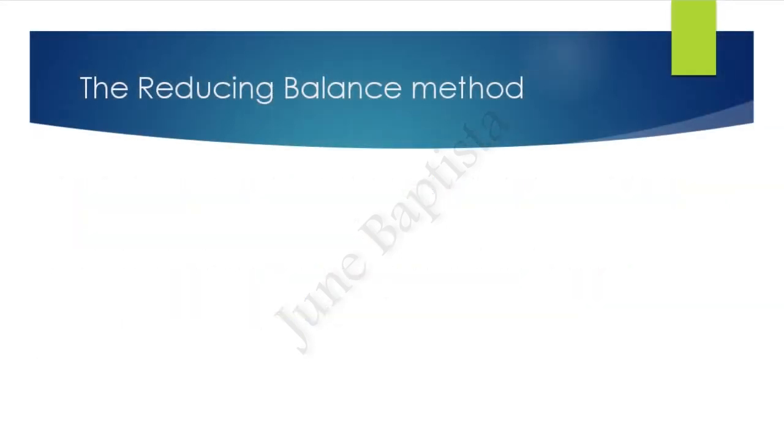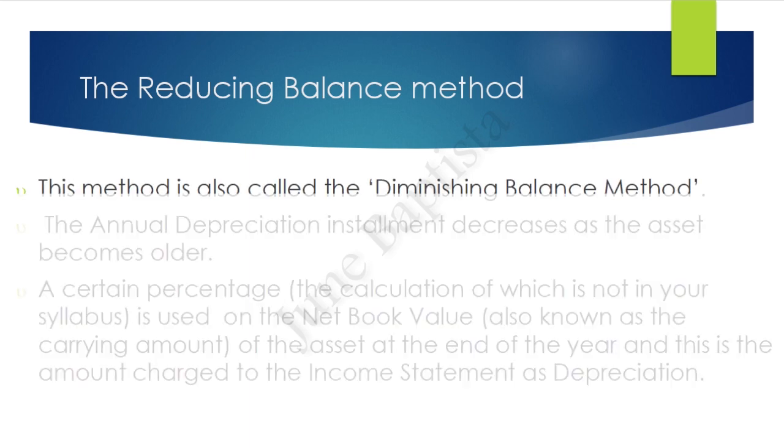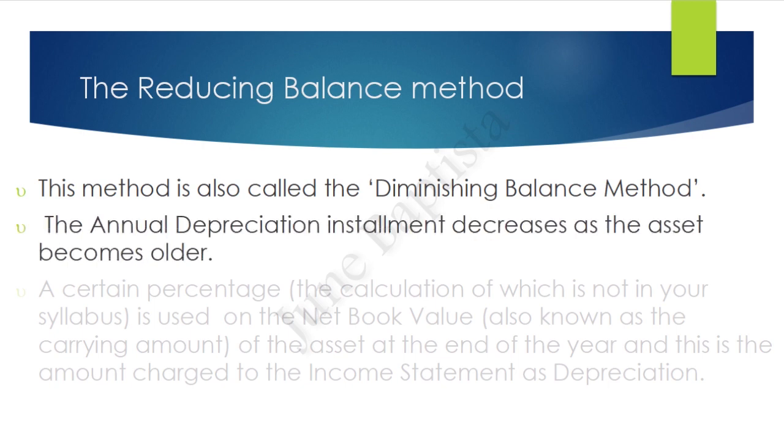Now let us look at the second method for calculating the provision for depreciation of non-current assets, the reducing balance method. This method is also called the diminishing balance method. The annual depreciation installment decreases as the asset becomes older.